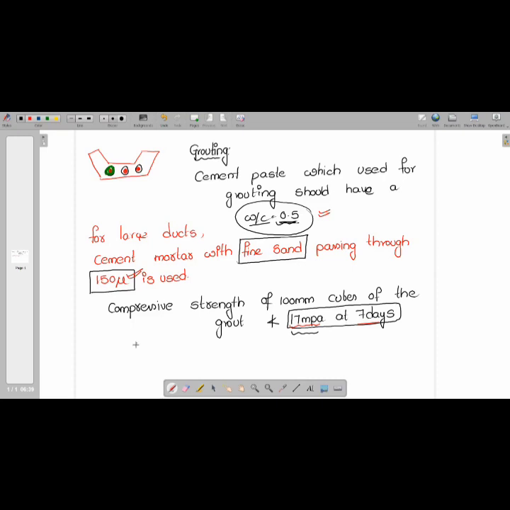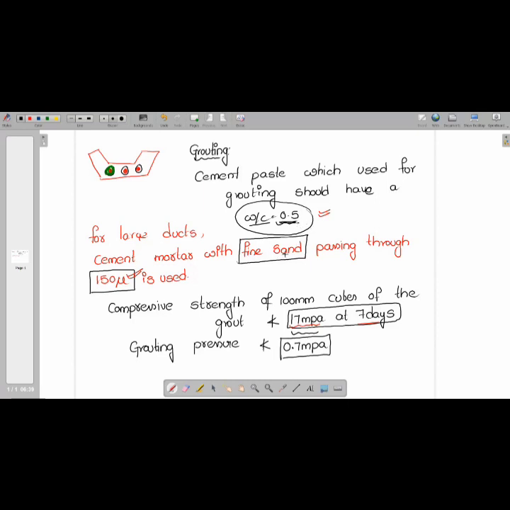And now see the grouting pressure. Usually it is applied with a pump, and the grouting pressure should not be less than 0.7 MPa. Students, every point is an objective question. In grouting, what is the water cement ratio? 0.5.